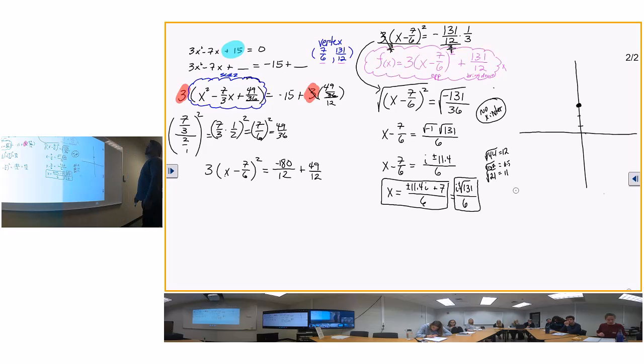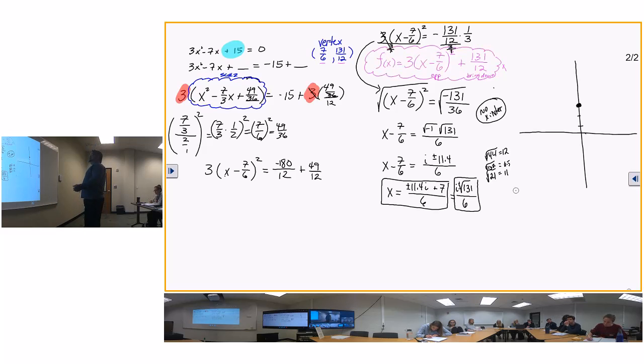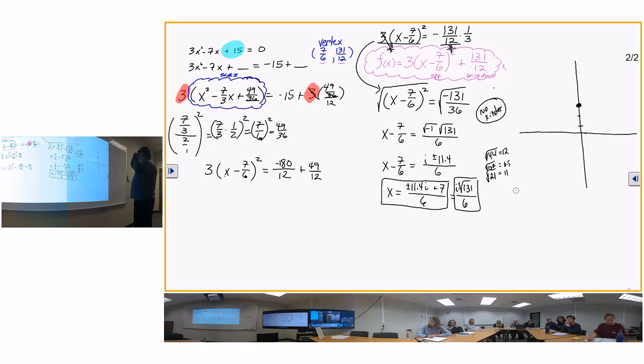And then 131 over 12. Somebody give me that decimal. What is that? 10.91. Okay, 10.91 would be right in there. We know it doesn't have x-intercepts, so that means it has to go upward. And that's what it looks like.